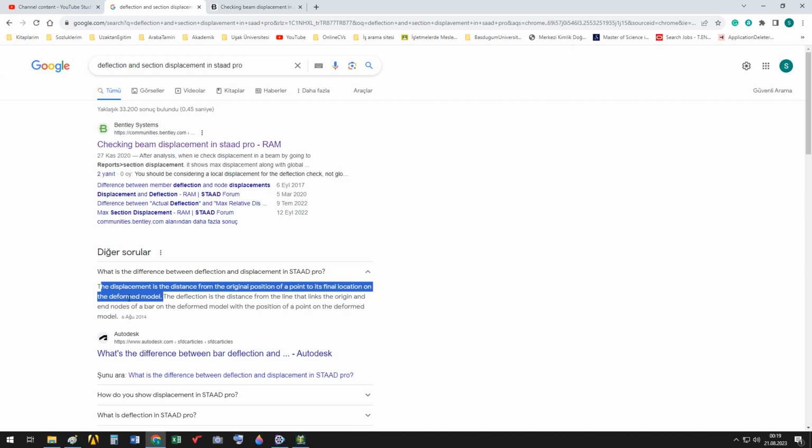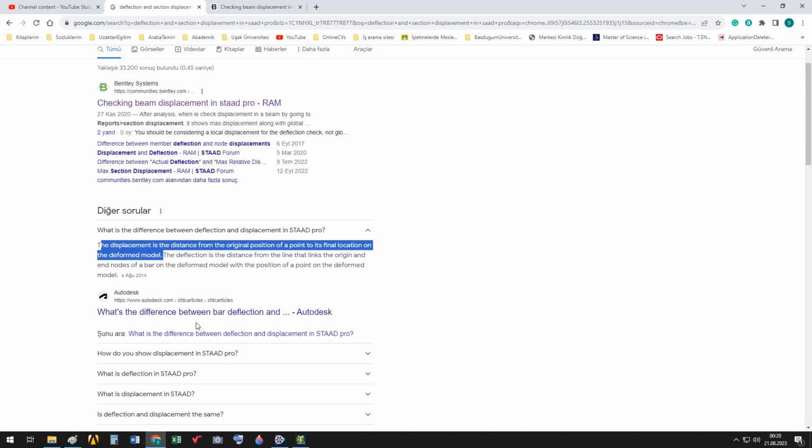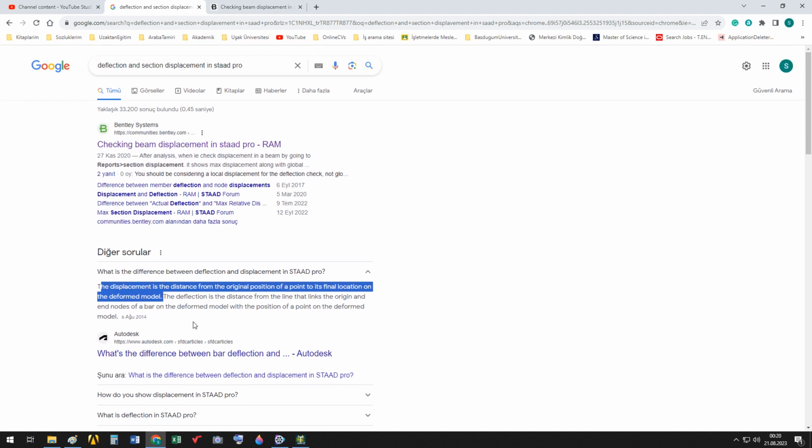Okay, what we know. Deflection is the distance from the line that links the origin and at nodes of the bar on the deformed model with the position of point on the deformed model. Didn't understand.